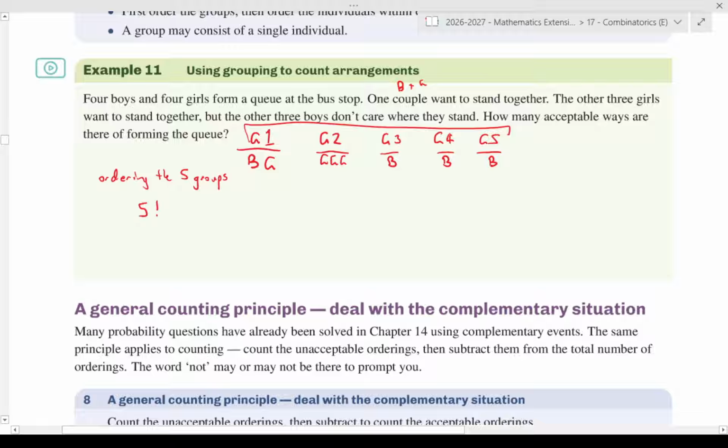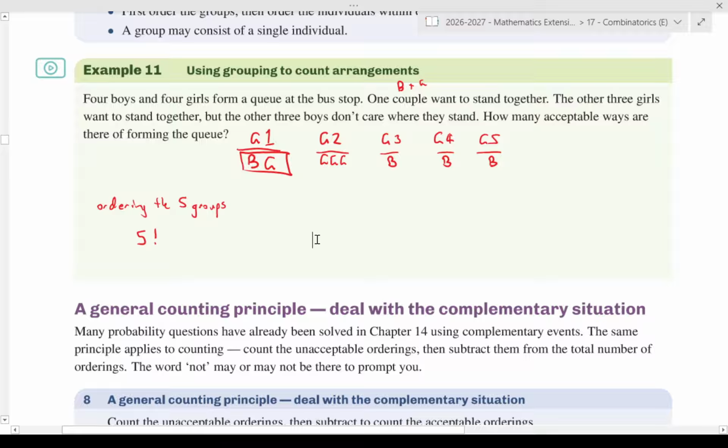Then now that we've got these 5 groups in order, so those whole blocks are in order because there are 5 factorial ways to organize the groups, within those groups I have to organize these guys. How many different ways can I organize those 2?